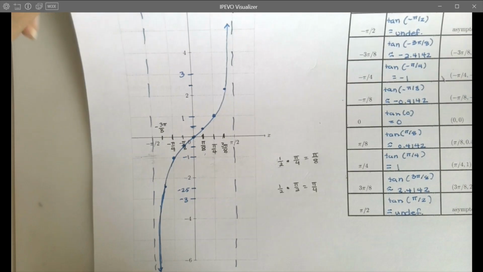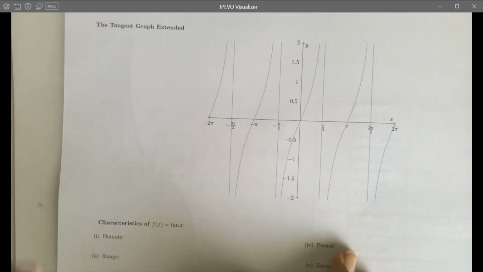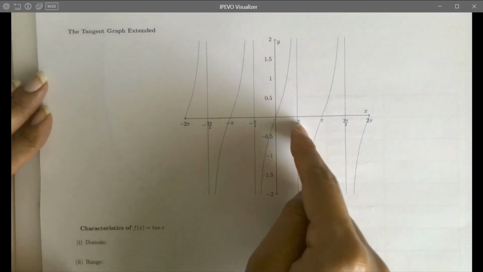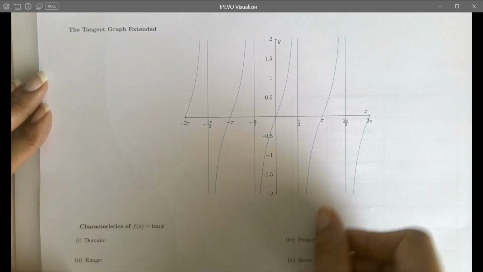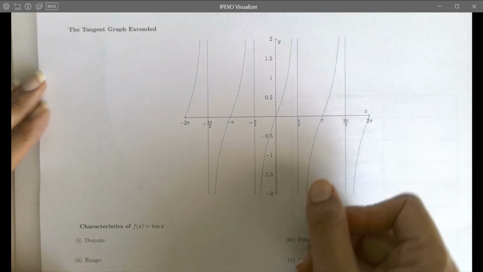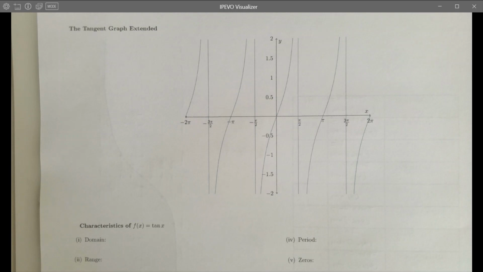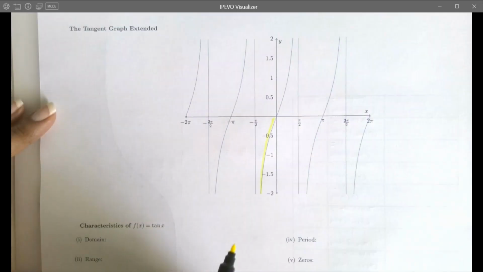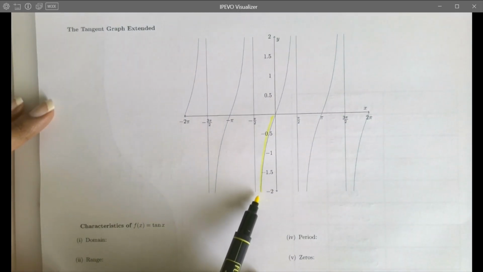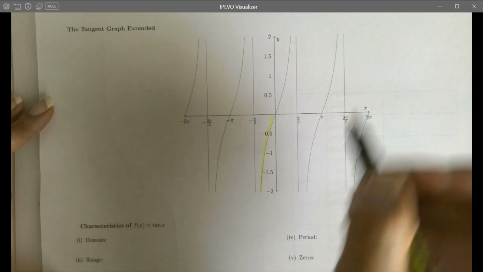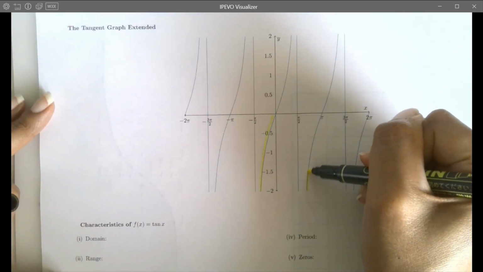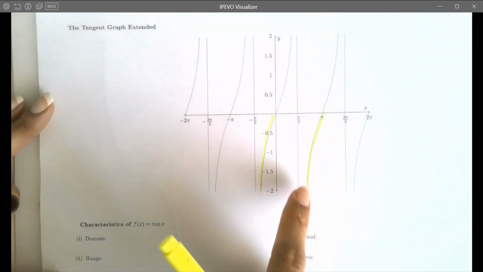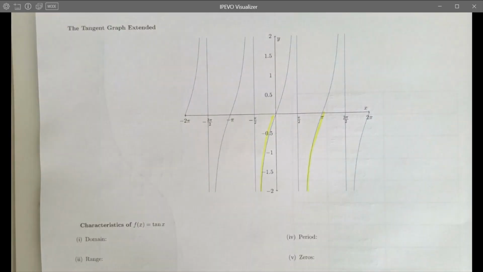If we extend the graph beyond pi over 2, we're going to see this part of the graph repeat. So let me actually just use some highlighters here. This bottom part of the curve that goes into the negatives and gets really close to the vertical asymptote starts repeating here between negative pi over 2 and pi.